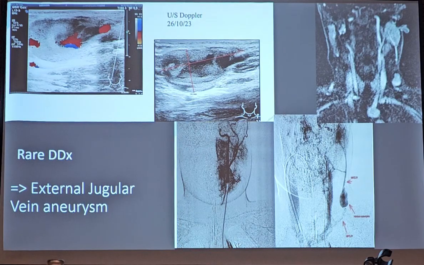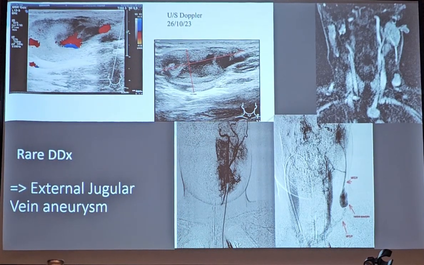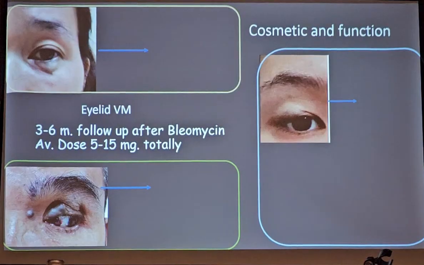So we decided to go with an angiogram, and the angiogram actually showed us this connection and a kind of venous aneurysm of the extramedullary vein. So for me, if it's not disturbing anything in life, I will not try to treat either way. So we are keeping follow-up of her with just her external jugular vein dilatation.